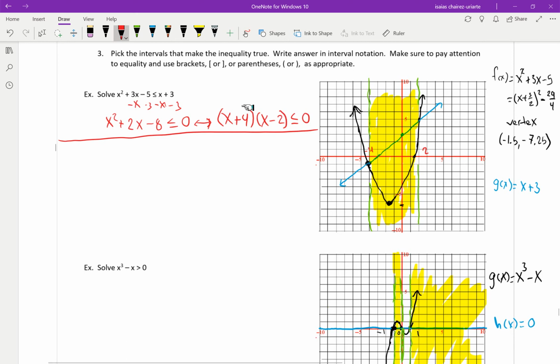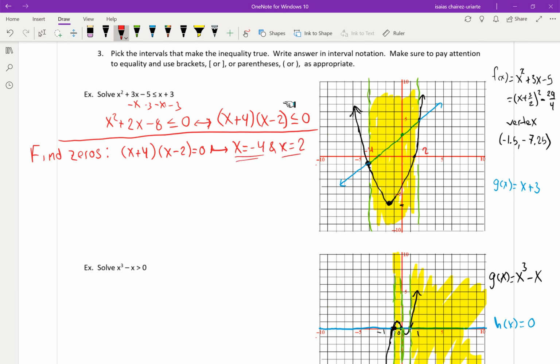Then the next thing I'm going to do is find the zeros. What that means is I'm actually going to set this expression on the left-hand side equal to 0. So I'm going to say x plus 4 times x minus 2 equals 0, and what that should imply is that I have two solutions: x equals -4 and x equals 2.